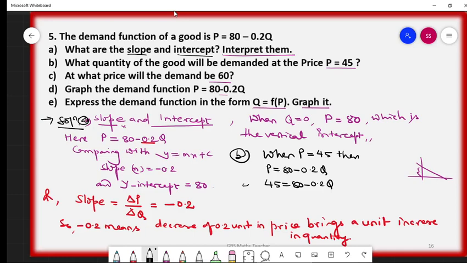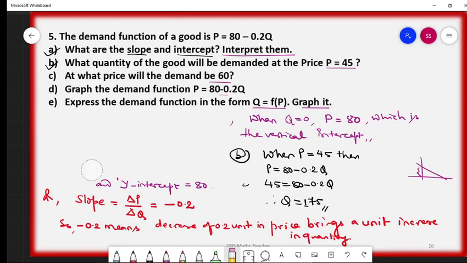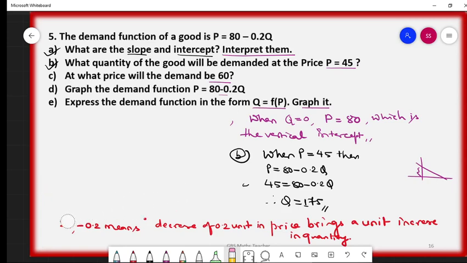You will get quantity equal 175 by the calculation. This is part B. A done, B done. Now I have to solve the next part, dear students. Next part about C.